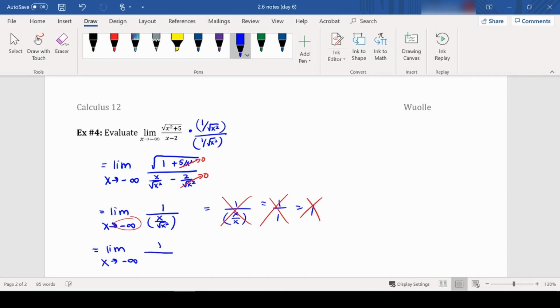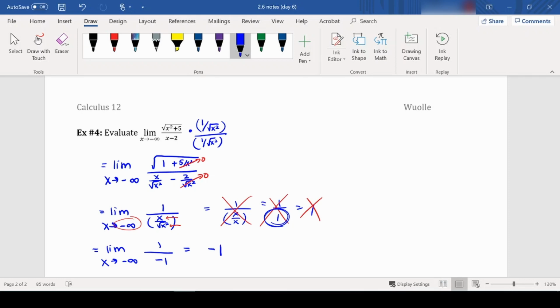I've got the 1 on the top. But on the bottom, when we plug negative infinity in here, we would get negative infinity. When we plug negative infinity in here, we get positive infinity. So on the bottom, we actually have negative 1, not the positive 1 we think. This is then equal to negative 1.